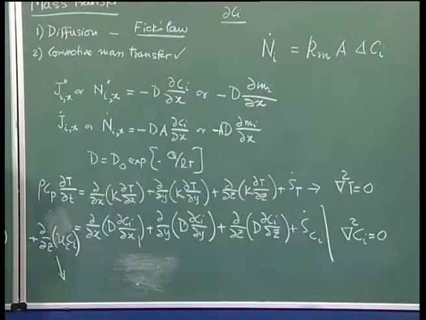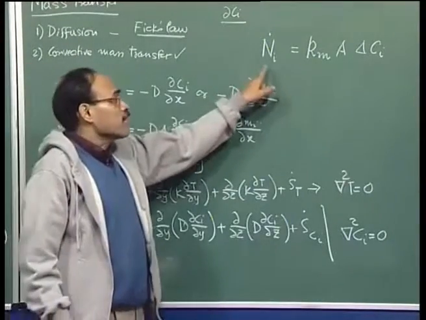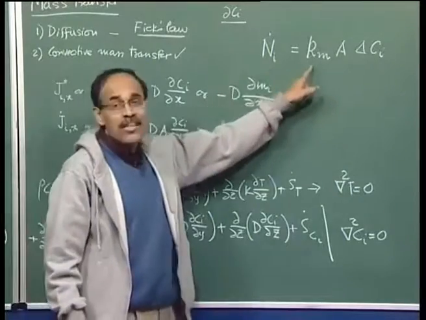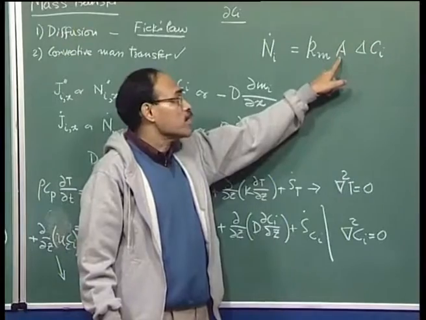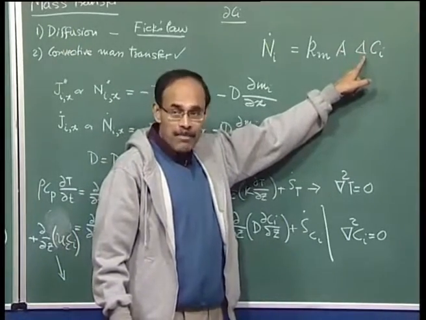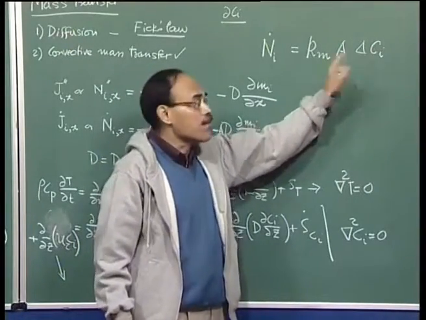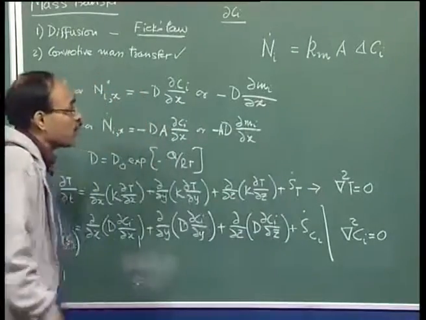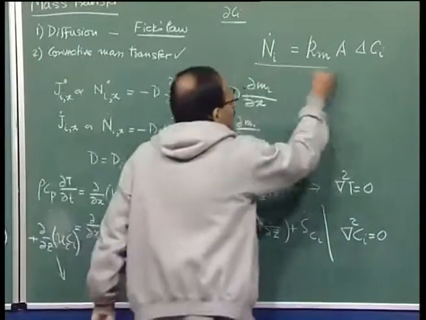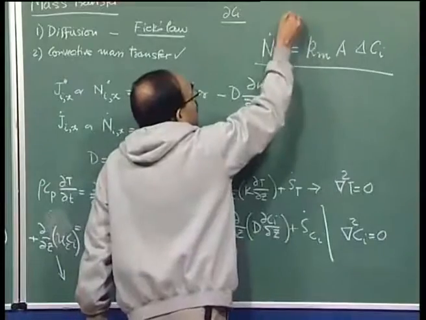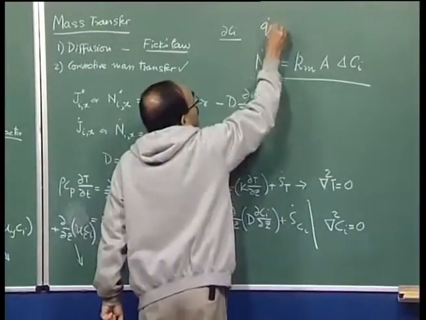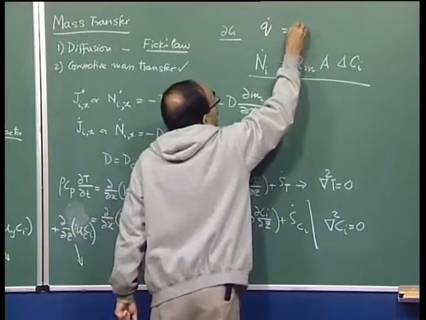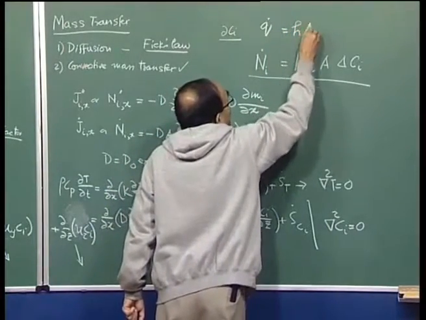Just like the way I said that the net rate of heat transport is equal to heat transfer coefficient into the area through which heat is flowing and multiplied by the temperature differential which drives the heat transfer. In the case of mass transport, you can see the similarity. So, the heat flux was q dot, and this is equal to h into A into delta T.